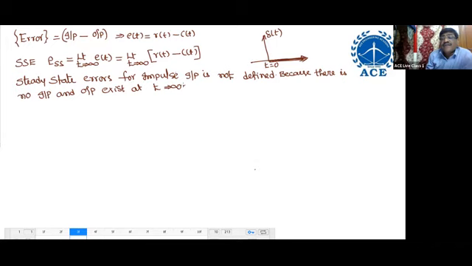At t tends to infinity, there is no input as well as there is no output. That's why steady state errors for impulse input is not defined.